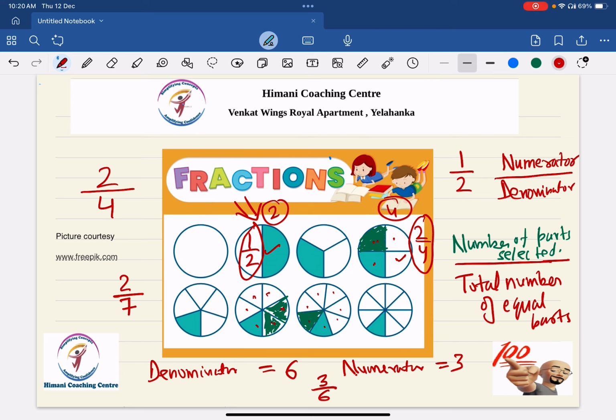So I hope you have understood the concept of fractions. Fractions are part of whole. And I am again repeating, when we write a fraction, there has to be a numerator, which is the number of parts selected, upon denominator, which is the total number of equal parts.